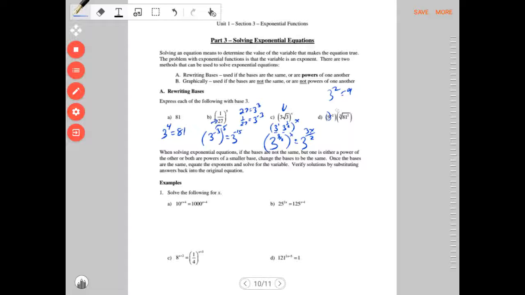So this is going to be 3 squared to the negative 3. Okay? Oh, I'm so sorry. That's a 2. Alright. So 3 squared to the negative 2. So, of course, those exponents multiply. So this first part is going to be 3 to the negative 4.